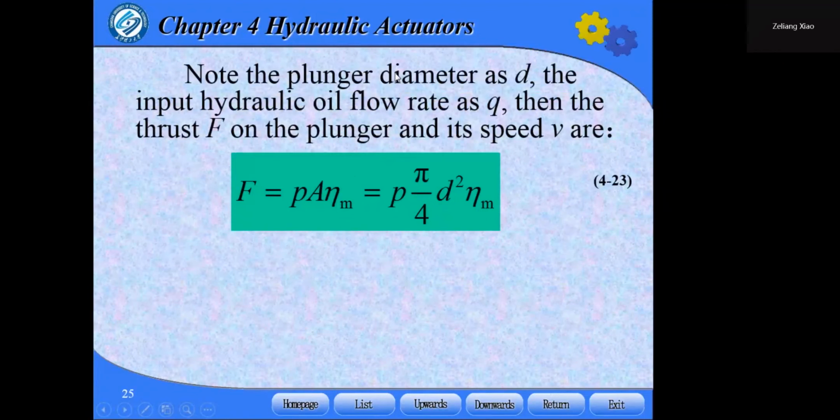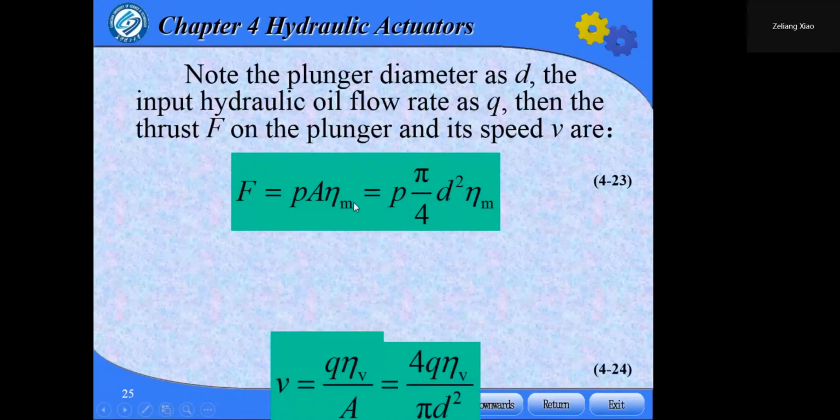Note the plunger diameter is D. The input hydraulic oil flow rate is Q. Then the thrust force on the plunger and its speed can be calculated.